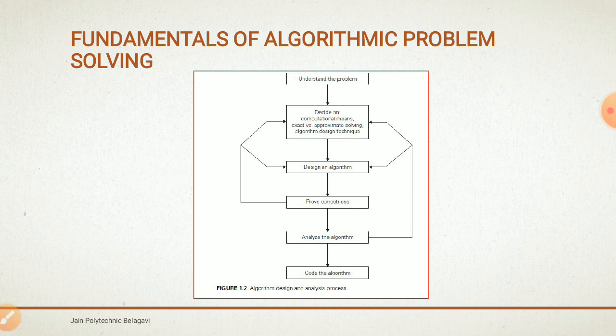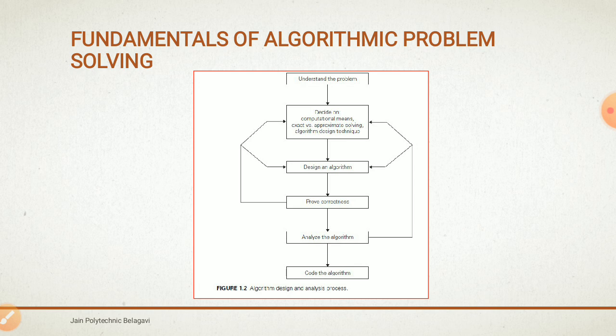Then we will go for analyzing an algorithm. While analyzing an algorithm, we should consider factors such as time complexity, space complexity, simplicity, and generality. Time complexity is the amount of time taken by an algorithm to run. By computing time complexity, we come to know whether the algorithm is slow or fast.